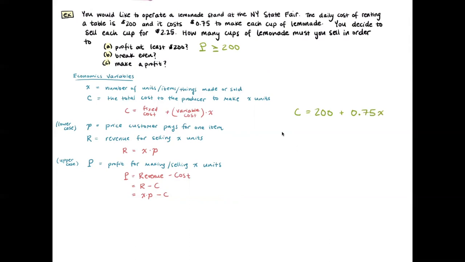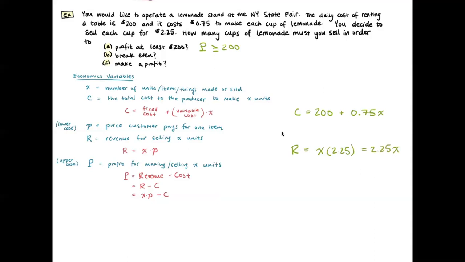We have our little p, the price for the customer, which is $2.25. So now we can find our revenue equation, x times $2.25, or better, 2.25x.